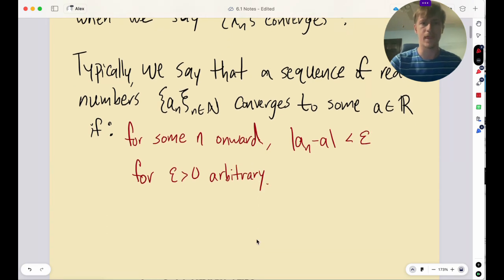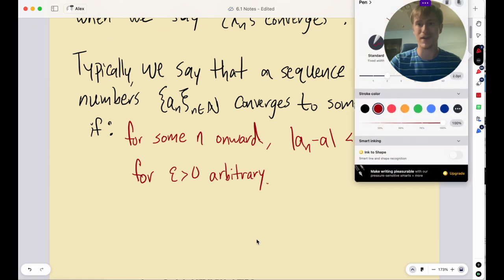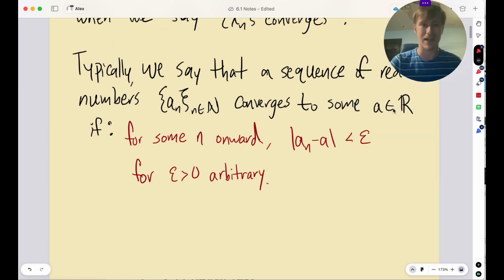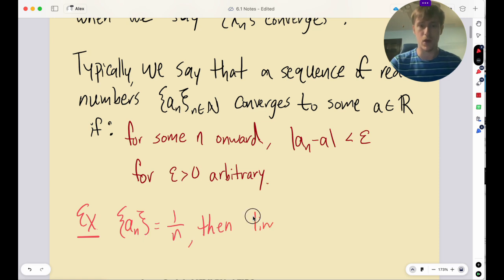Okay, so let me just give you a quick example, kind of the classic example. Let's go ahead and let a sub n be the sequence 1 over n. Then we all know that the limit as n approaches infinity of a sub n is equal to 0.